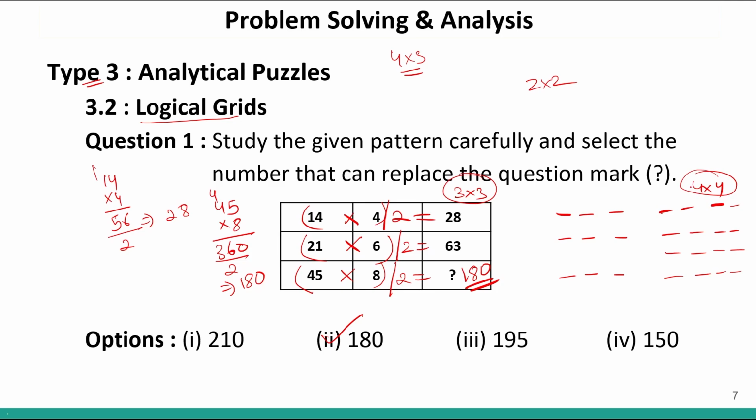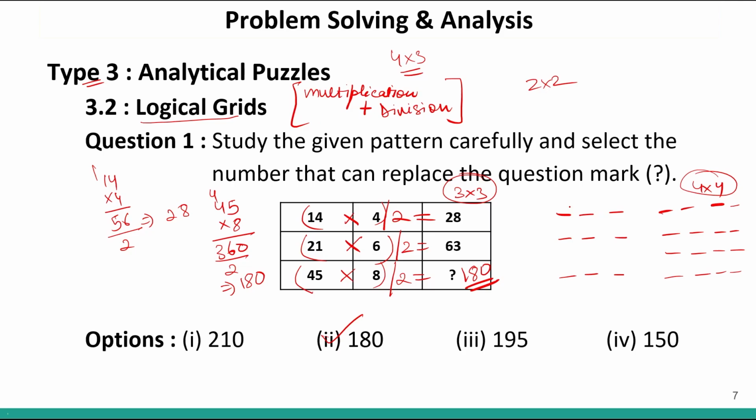Now, various mathematical operations will be followed. In this particular question, we got multiplication plus what? Division. So this logic was followed. These were the mathematical operations that were followed in this type.